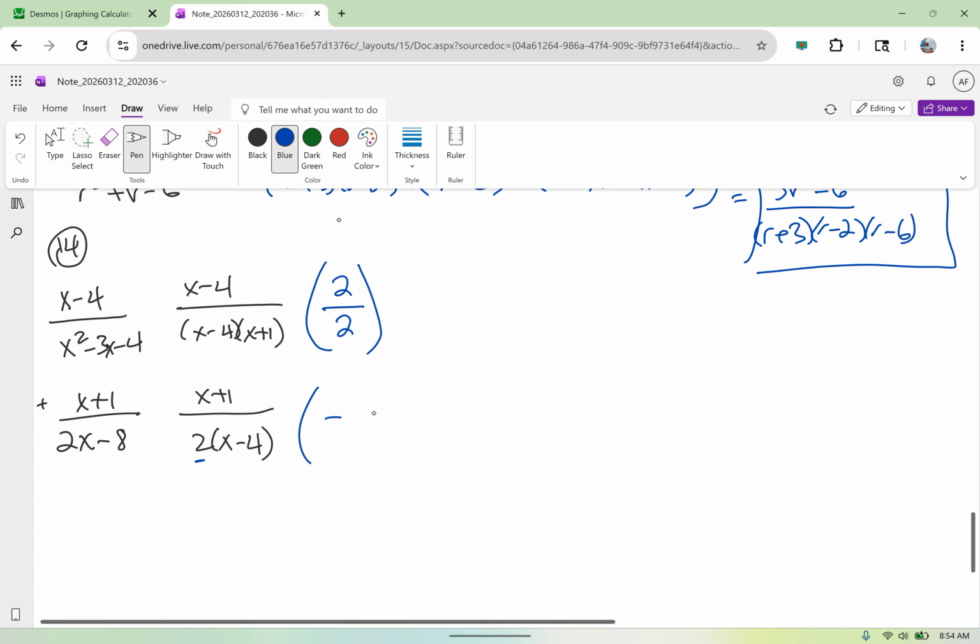And down here, what's missing? I need to multiply by x plus 1. My common denominator is now going to be 2 times (x minus 4)(x plus 1).